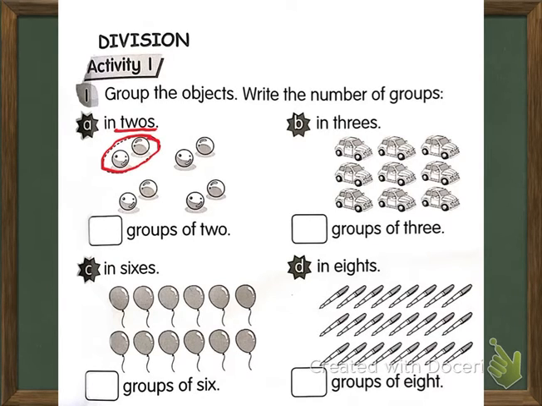Another one, group of twos. Another one, group of twos, another one, group of twos. So, how many groups are there all together? 1, 2, 3, 4. So, there are 4 groups of twos.